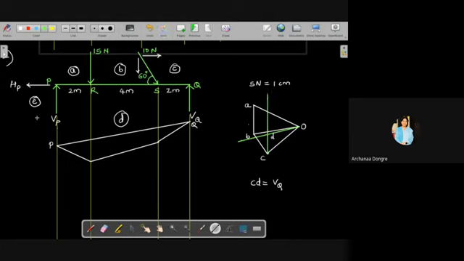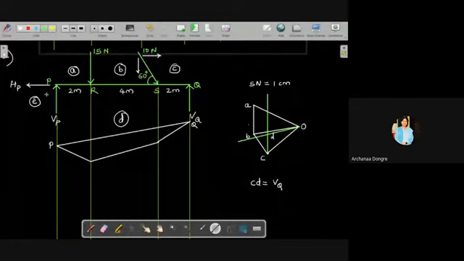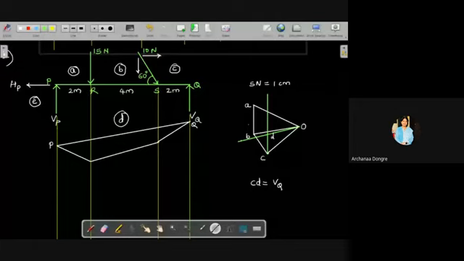Now from E to A. E is connected to A, which is connected to D. So what you do? Draw a horizontal line because it's a horizontal force, so just draw a reference line here. Here it is cutting at the E point.